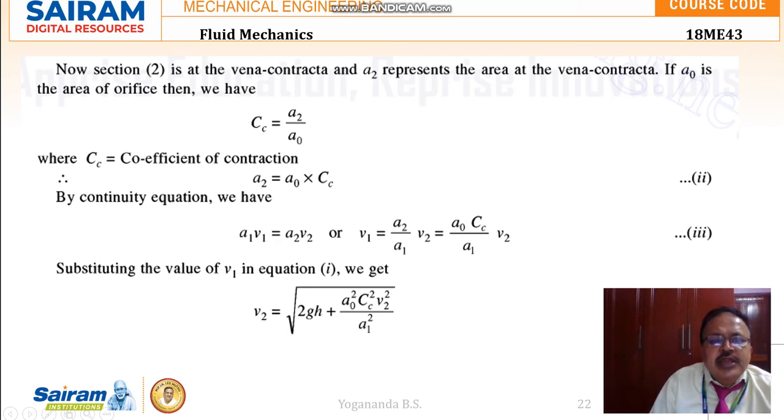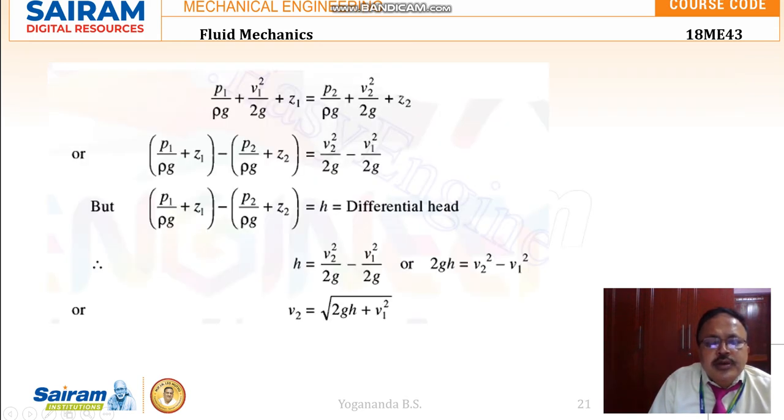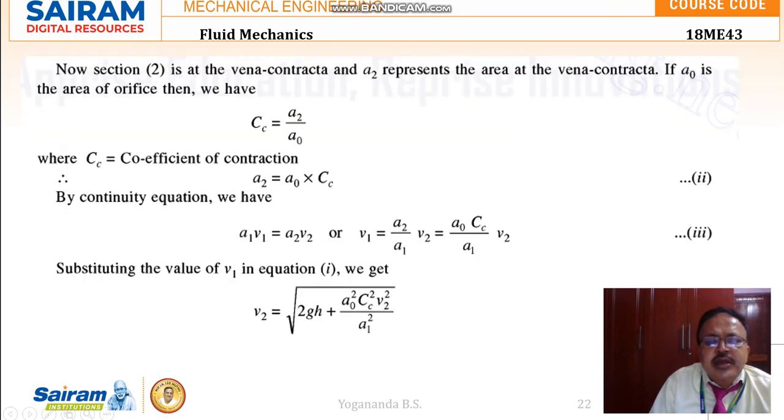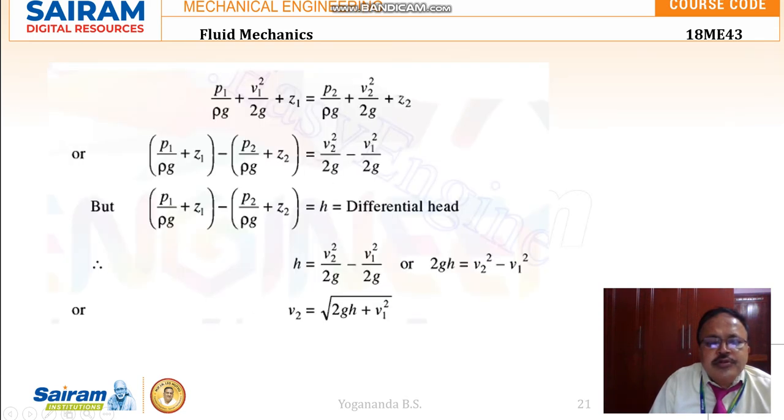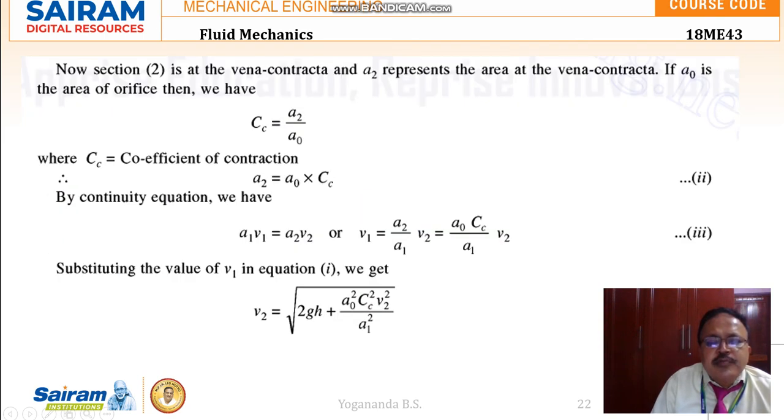In place of A2 we are substituting A naught into Cc. Now we are getting V1 in terms of V2. So in place of V1 we are substituting this. So we have V2 is equal to square root of 2GH plus V1 square. So in place of V1 we are taking this quantity, squaring it.